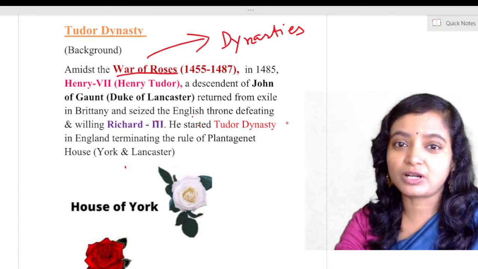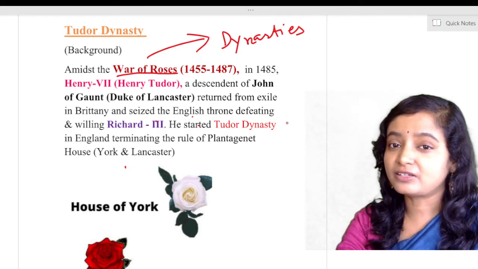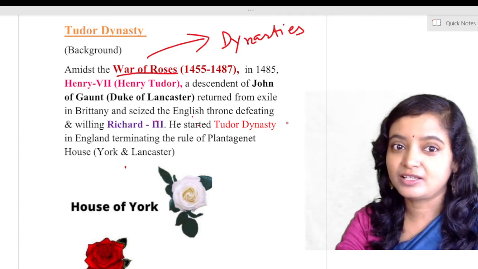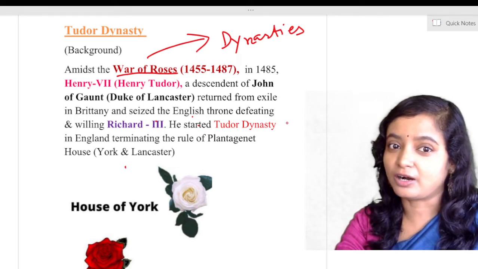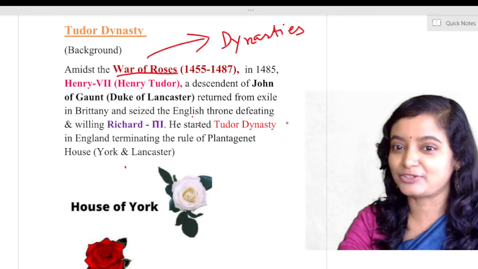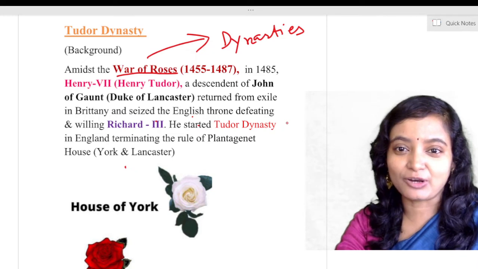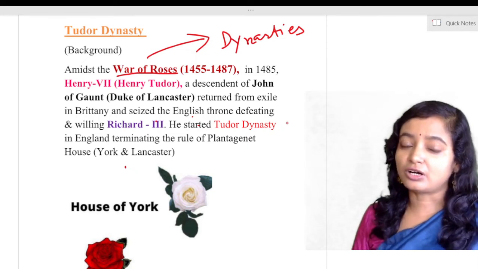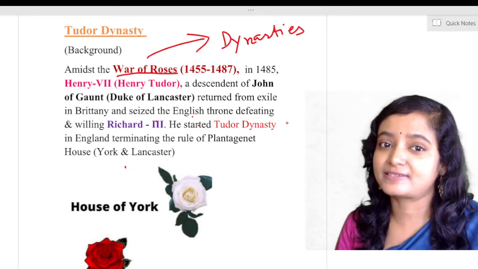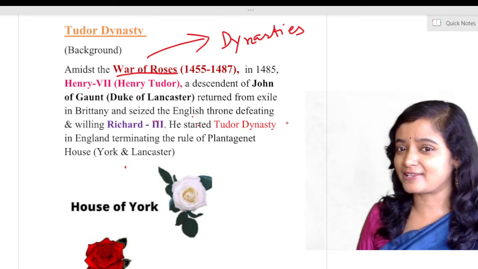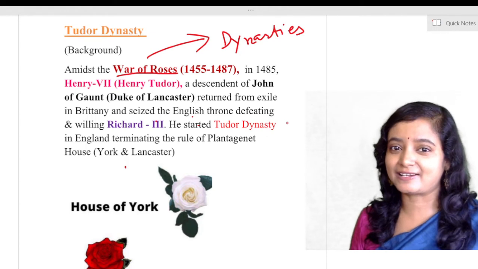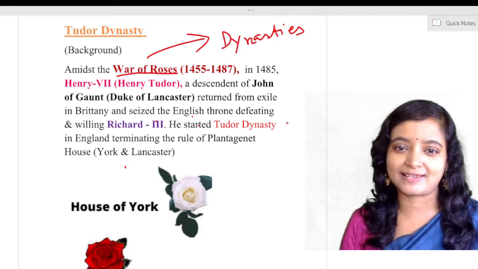Now, amidst the War of Roses, that is from 1455 to 1487, Henry Tudor, a descendant of John of Gaunt, who was the Duke of Lancaster, returned from exile. So the descendant, Henry VII, was in exile when England was in a devastating condition, with unrest due to the War of Roses between Lancaster and York.